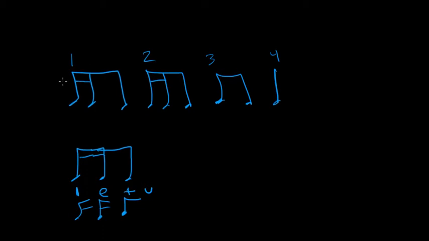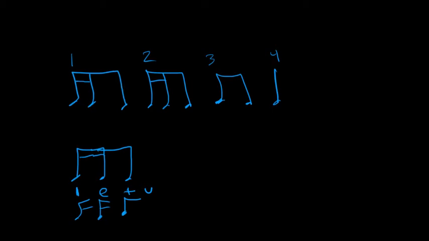So that's the proper way of writing that, but basically what you're doing is ba ba ba. So this is the third and fourth 16th note, and this is the first and second 16th notes. I mean, this eighth note here comprises the third and fourth 16th note of the first beat.